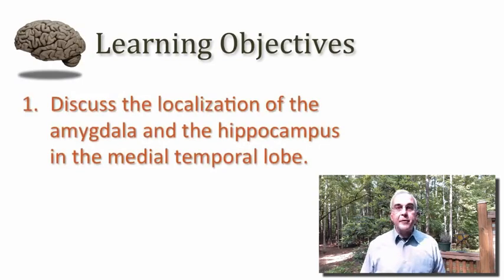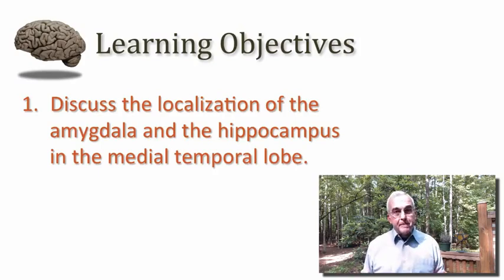First, I'd like for you to be able to review again the anatomy of the internal structures of the forebrain with a particular focus on localizing the amygdala and the hippocampus in the medial part of the temporal lobe.